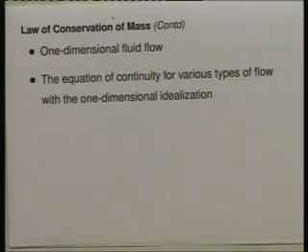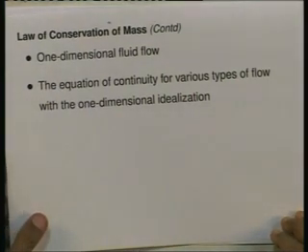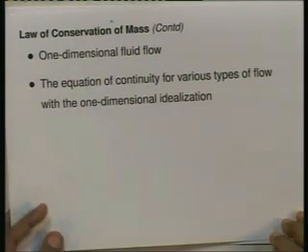Let us say it is a pipe flow, a pipe with maybe a varying cross section, and variations are essentially occurring only in the flow direction. The variations in the cross section are negligible. Then we call that a one dimensional idealization, and one would get simpler forms of the equation of continuity. For instance, let me just put that down.